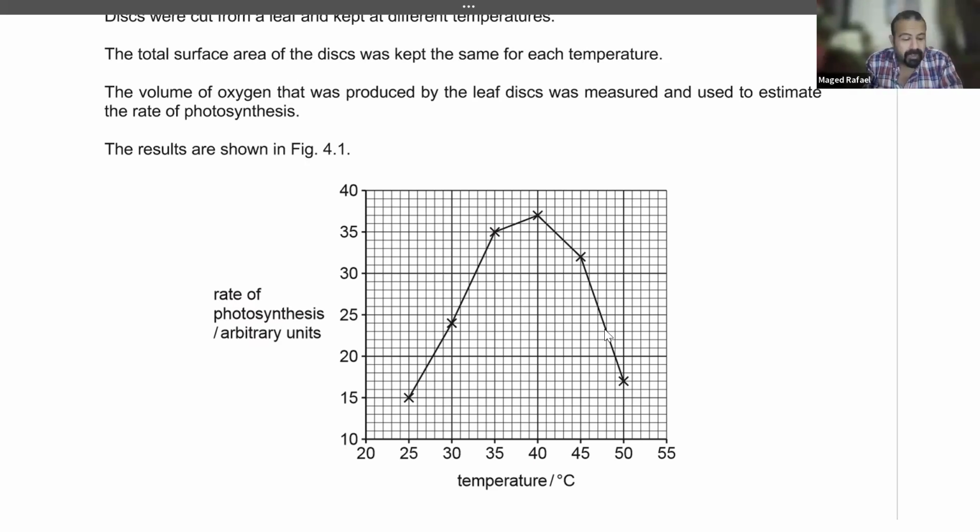Within I will talk about at 40 will optimum وازاي الانزيم بيreach the highest level where it peaks at this point. Then I will talk about after 40 وازاي it starts to denature.